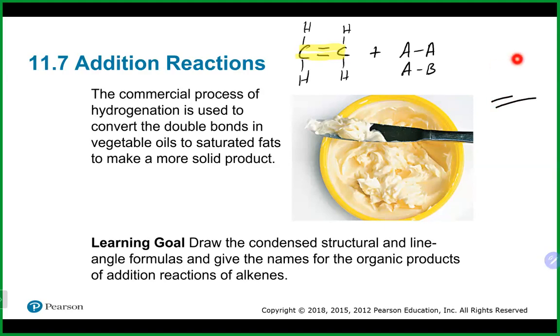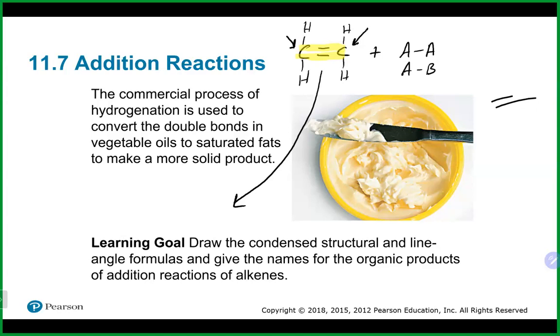It really doesn't matter. But what will always happen in these reactions is this. If I wanted to put something onto this carbon or this carbon, could I just add something to it the way it is?